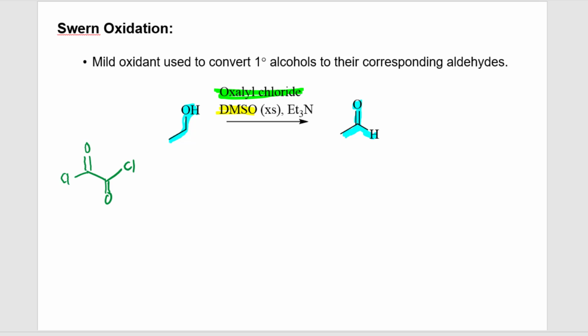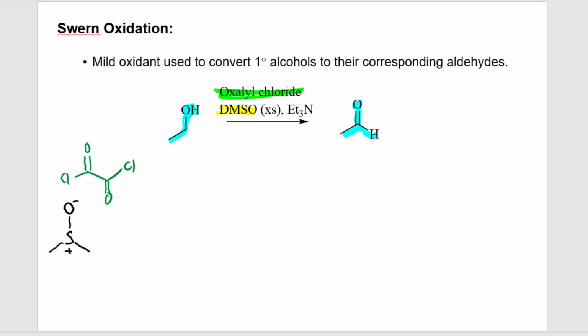And the DMSO, dimethyl sulfoxide, we're going to draw it in its resonance hybrid where the O is minus and the sulfur is plus. This is a very common resonance hybrid for a sulfoxide.